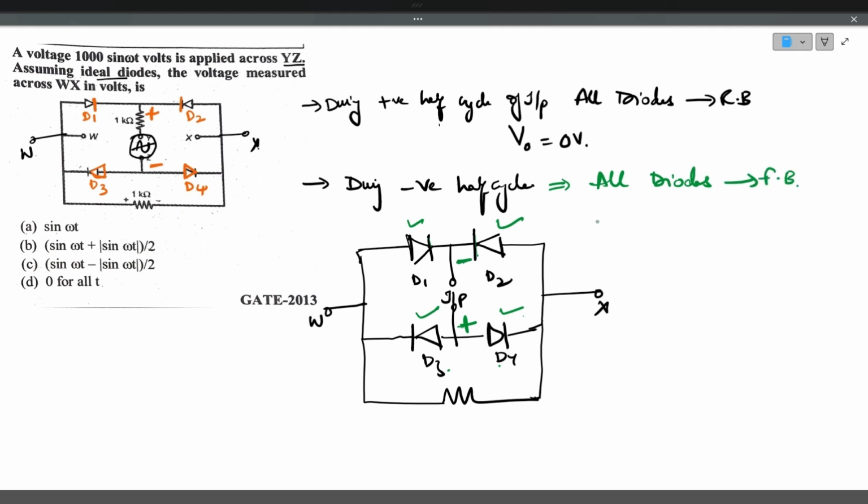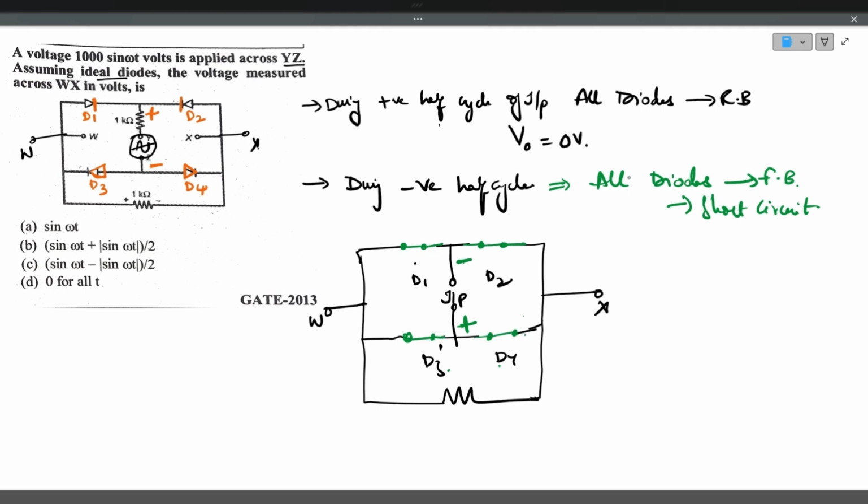So diodes do conduct and they act like a short circuit because these are ideal diodes. All diodes act like a short circuit. So now we'll replace these diodes with short circuit, like a closed switch. All diodes act like a closed switch because they are in conduction state. A closed switch is, in other terminology, like a short circuit.